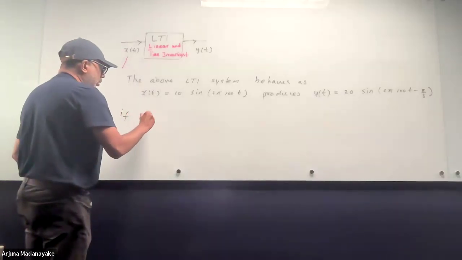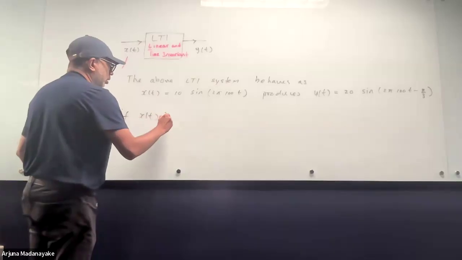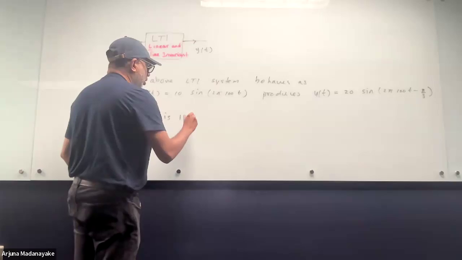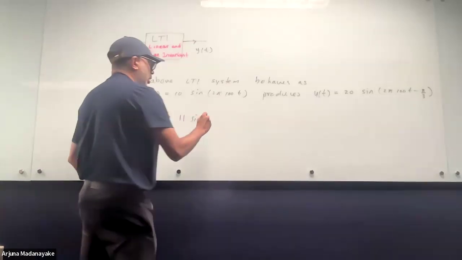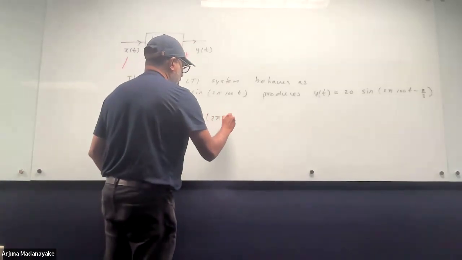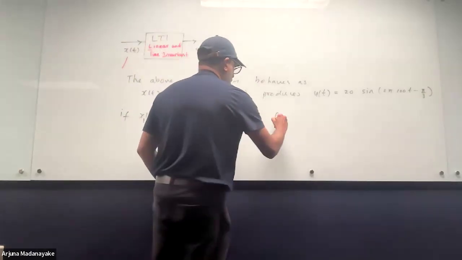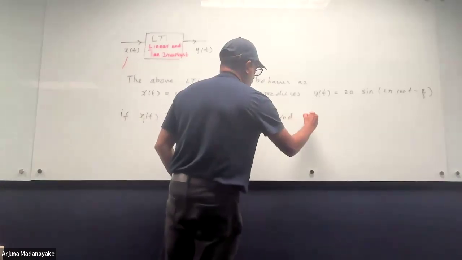If x of t is, say, x1 of t is 11 sine 2 pi 100t minus pi by 7, pi y bar.